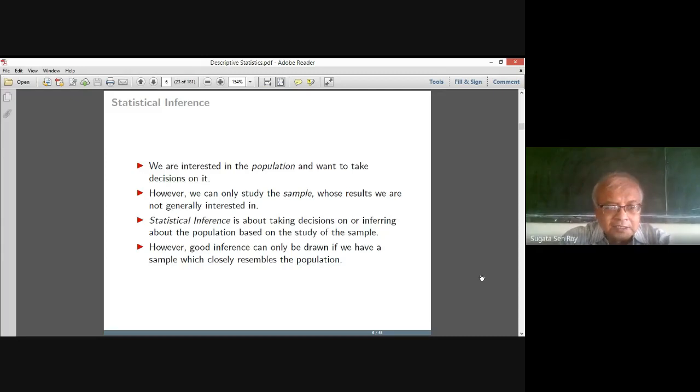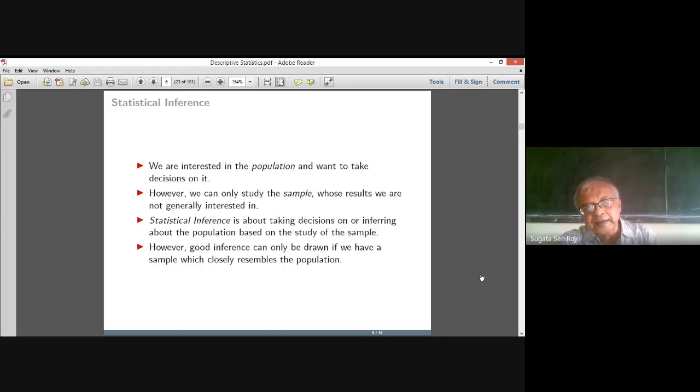Okay, that has to be correctly done. Otherwise, your inference will go wrong. You are collecting data from one part only. As I said, you are collecting data from West Bengal and trying to say everything about India. You cannot do that. If you want to say something about India, then you have to collect it from different parts of India to make it meaningful.